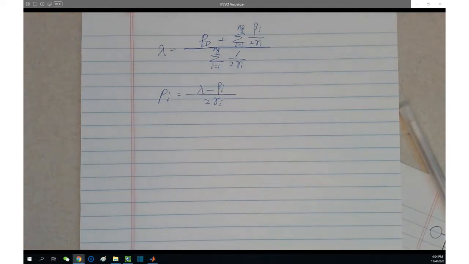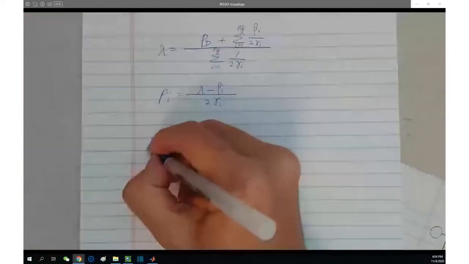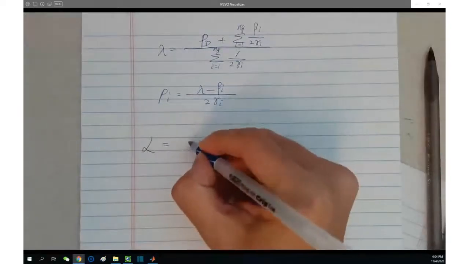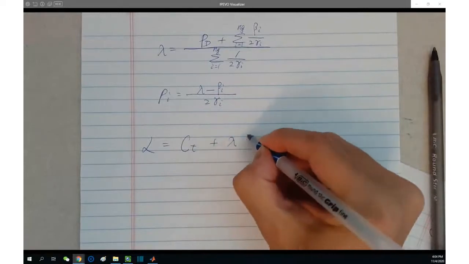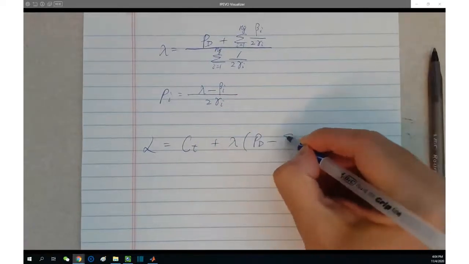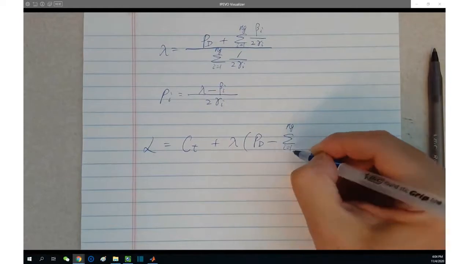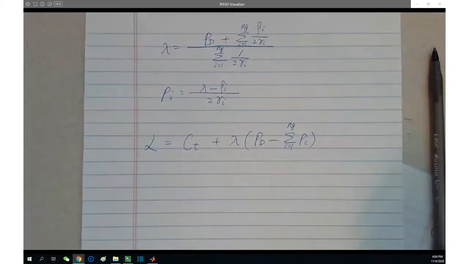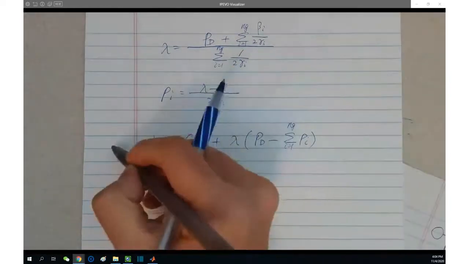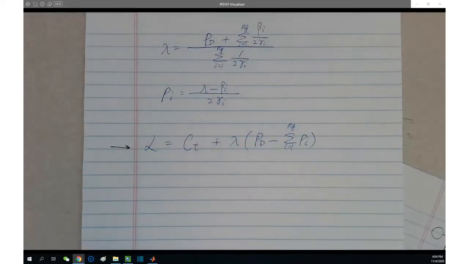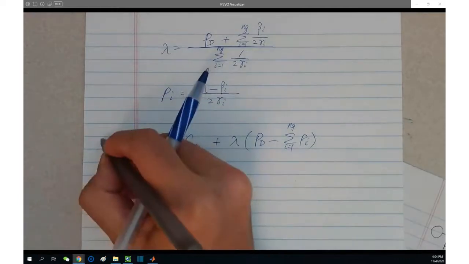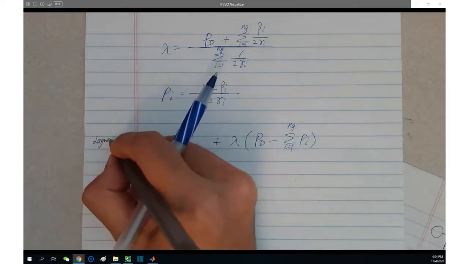No, lambda is not the Lagrange multiplier yet. Now, the multiplier is this: the C_T plus lambda. Remember, this is the optimal lambda that involves the Lagrange multiplier.